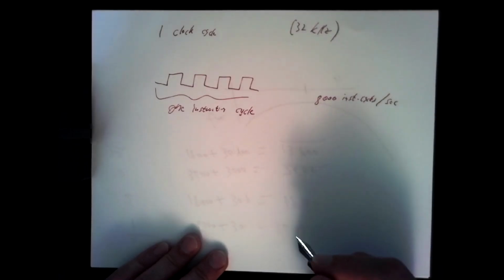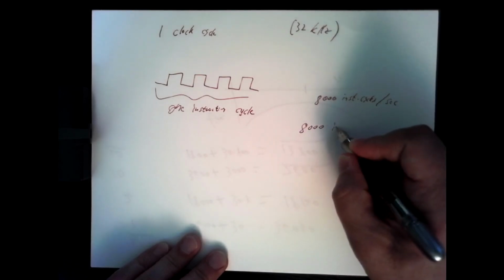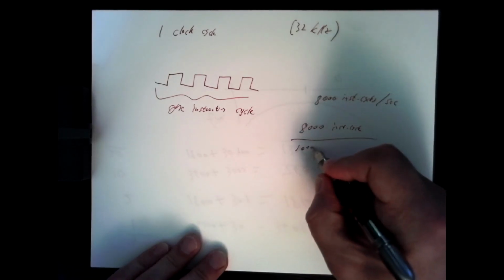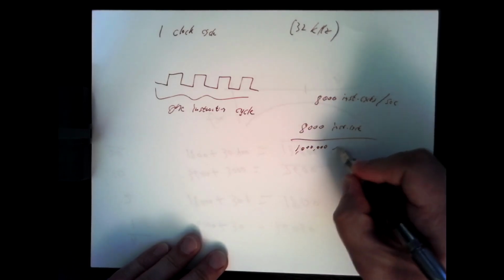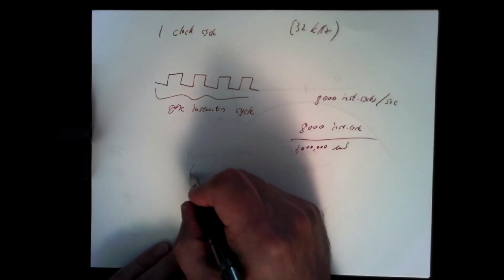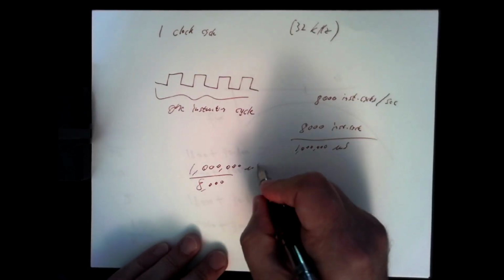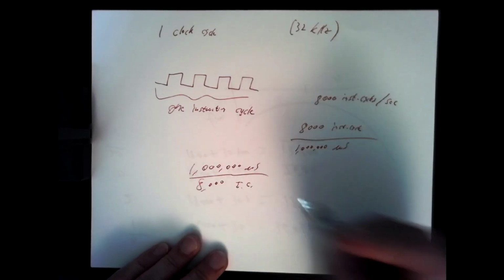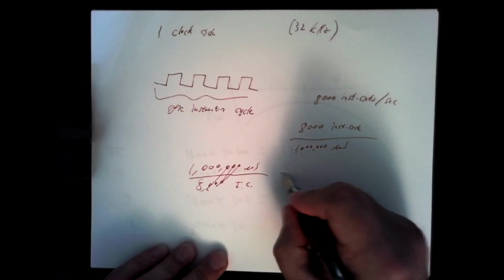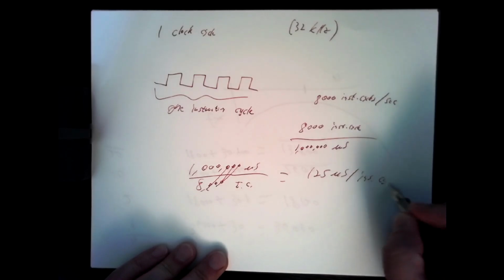So if we want to find out how long an instruction cycle takes, we could say 8,000 instruction cycles, and let's just write out 1,000,000 microseconds. And so we can flip this around. 1,000,000 microseconds gives us 8,000 instruction cycles, and we can cancel. So 1,000 over 8, that's 125 microseconds per instruction cycle.